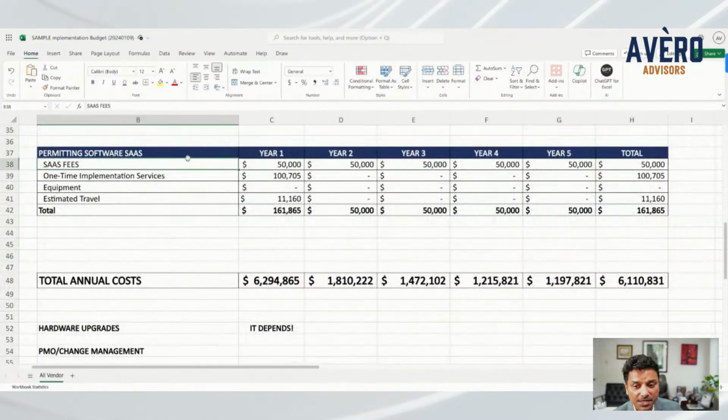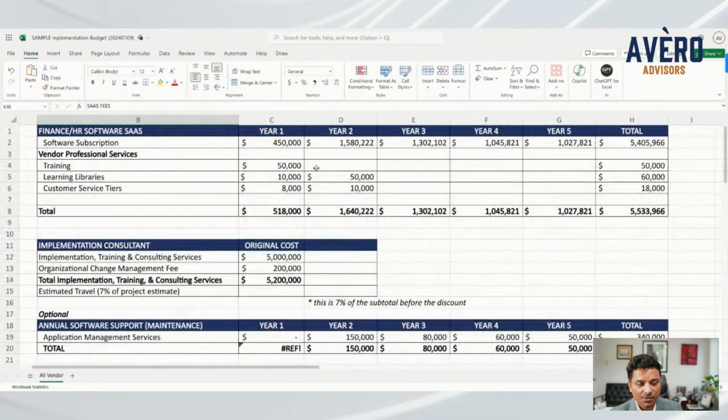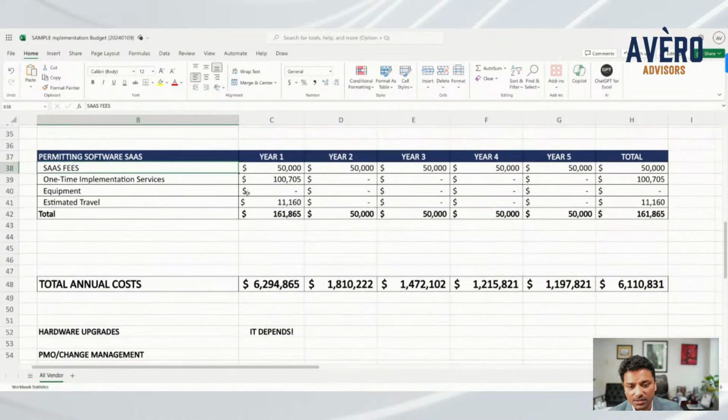You might have a permitting software. So this is an example of a hypothetical client that asked for HR, payroll, asset management, and permits and land management systems. So when the proposals came in, let's say they're choosing three different vendors in a best of breed approach, right? So this is what TCO looks like, or at least the implementation costs look like going forward.